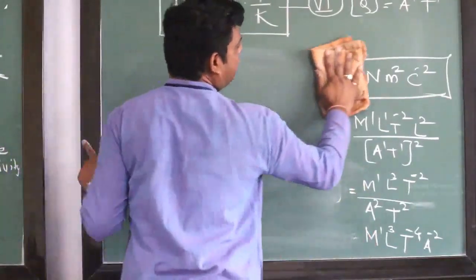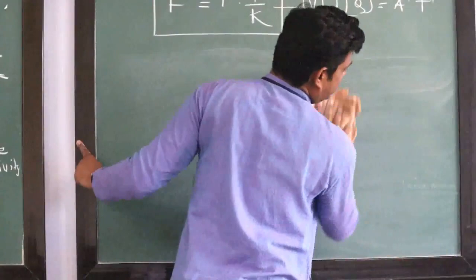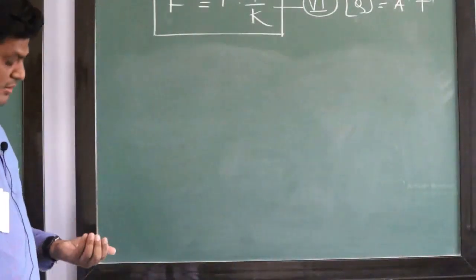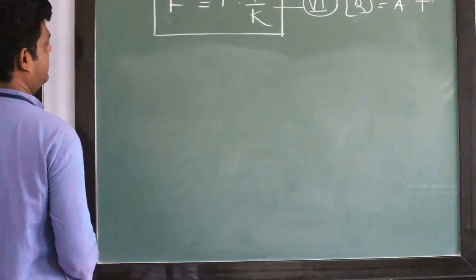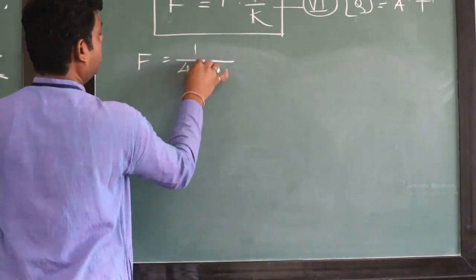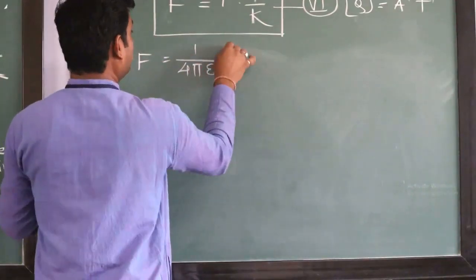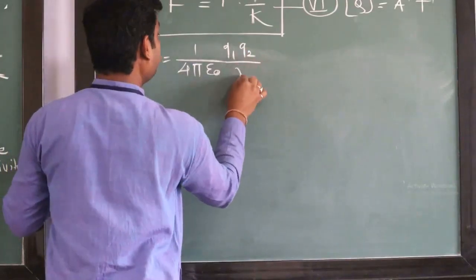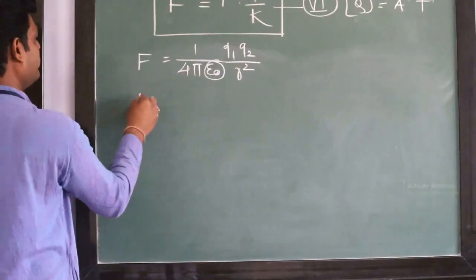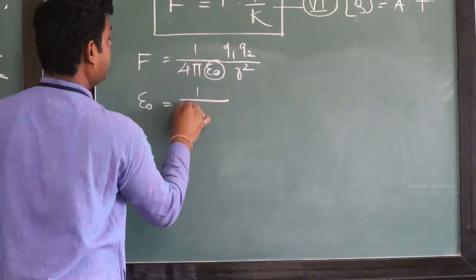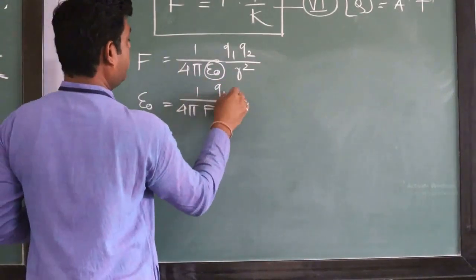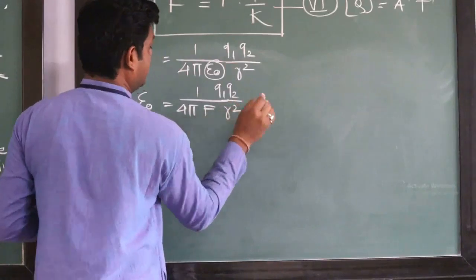As I told you, again we are going to find the SI unit of epsilon 0, the permittivity of free space. Recalling the equation, F equals 1 divided by 4 pi epsilon 0 times Q1 Q2 divided by r square. To find epsilon 0, we make it epsilon 0 equals 1 divided by 4 pi F, times Q1 Q2 by r square.